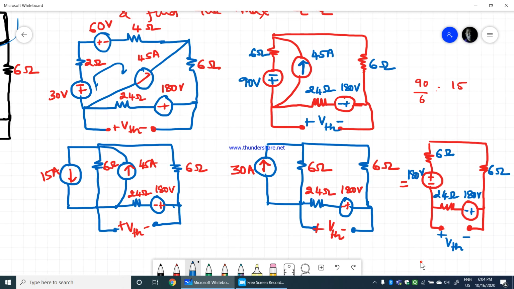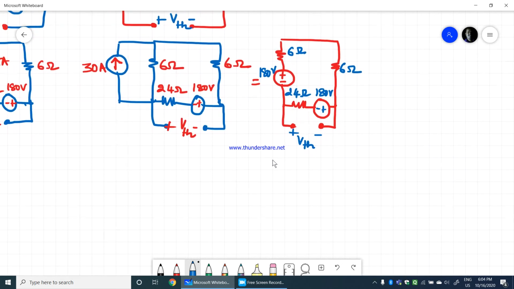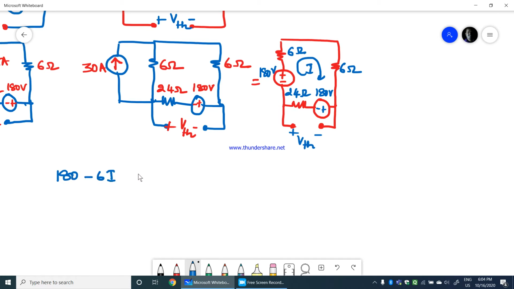Okay, now the next job is, I need to apply KVL and find out what the current I is. So I will get plus 180 minus 6I minus 6I minus 180 minus 24I minus 24I equals 0.